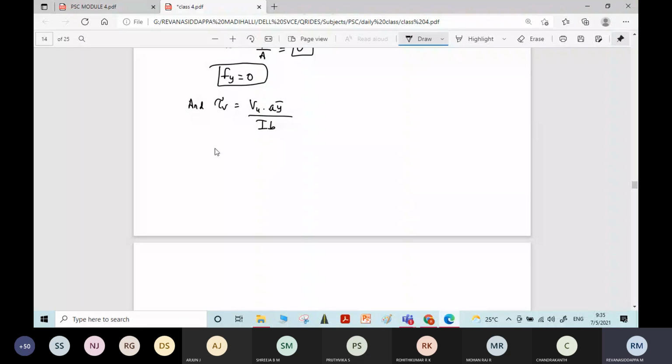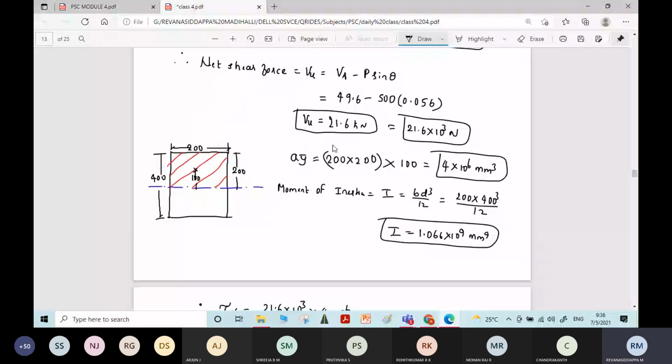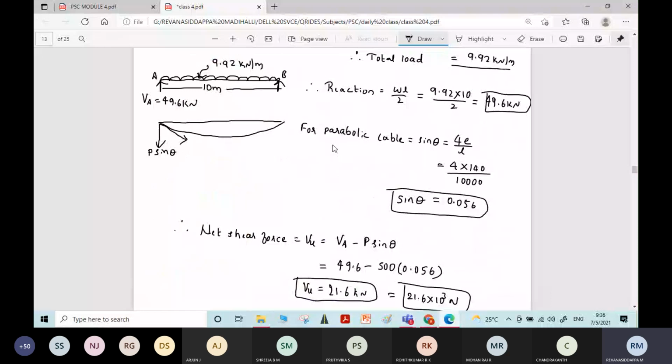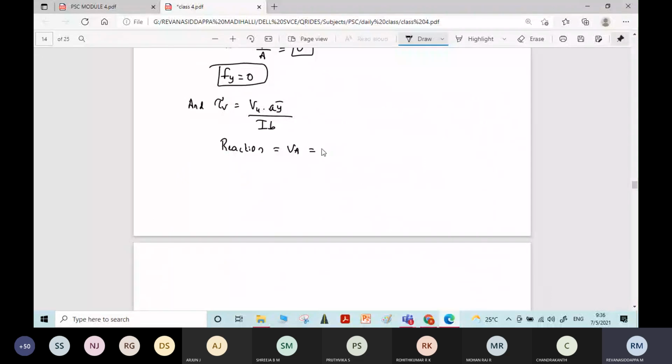Okay, we know the reaction at the support. Reaction at the support Va is equal to how much it was? 49.6 kilonewton. Now let us write the diagram once again. 49.6 kilonewton. Okay.